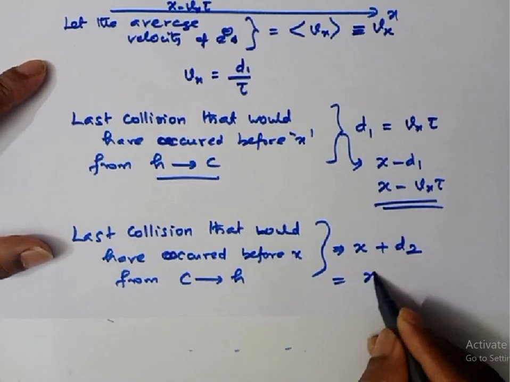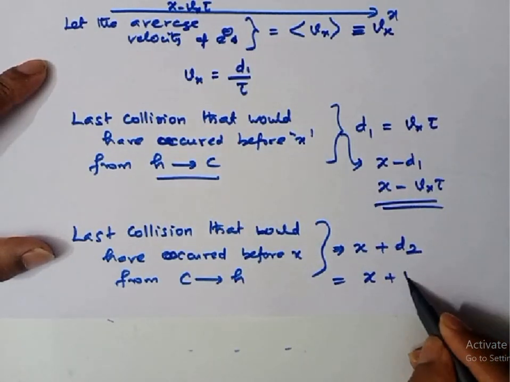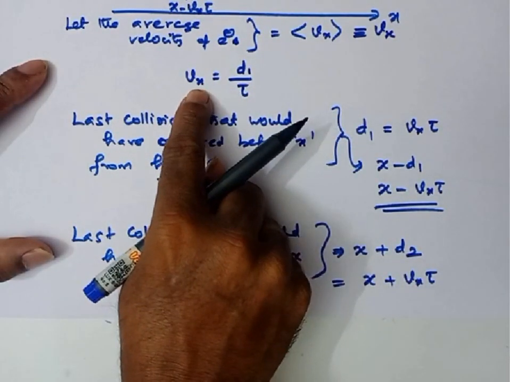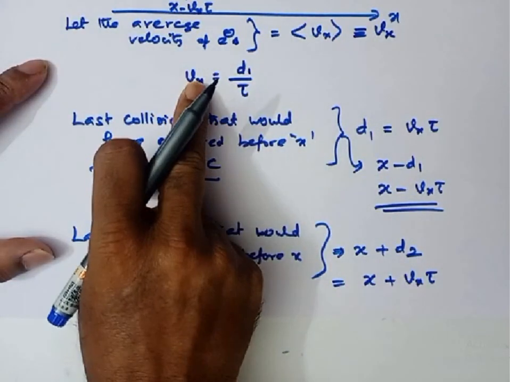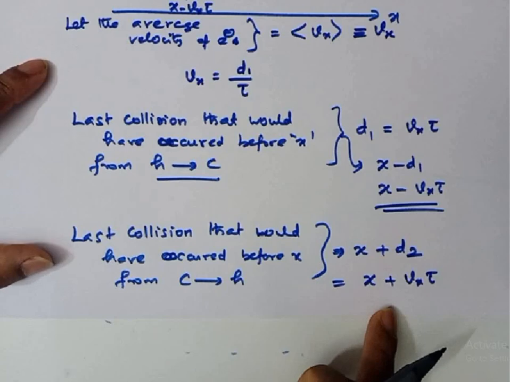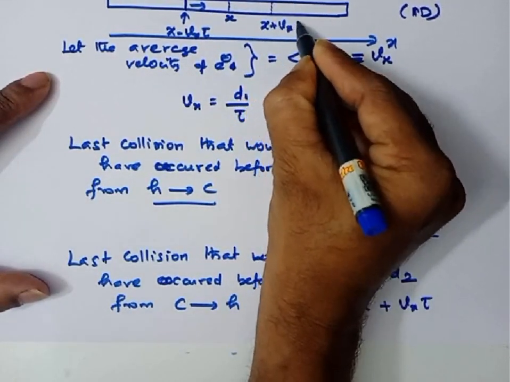What is d2? d2 is nothing but vx into tau. We have to use the same formula because the average velocity remains the same. So vx equals d2 by tau, or d2 equals vx into tau. So this position is x plus vx into tau.